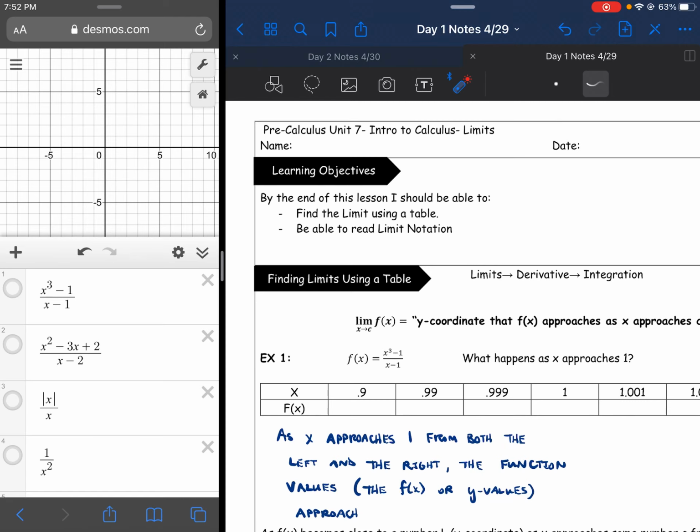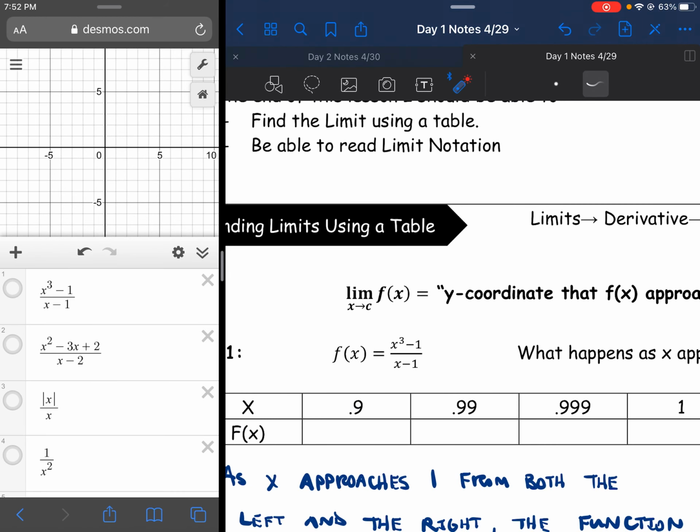So you can use a graphing calculator and make a table. You can plug in these values by yourself. I'm going to plug in a value real quick. So if I want to take 1, the input, and plug it into the function, well, we would just plug in 1 for all the x values. So if I plugged in 1 cubed minus 1 over 1 minus 1. Well, 1 cubed minus 1, that'd be 1.